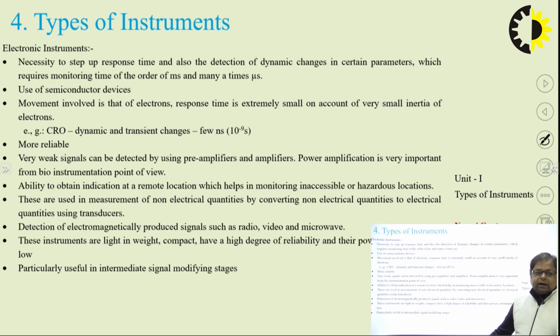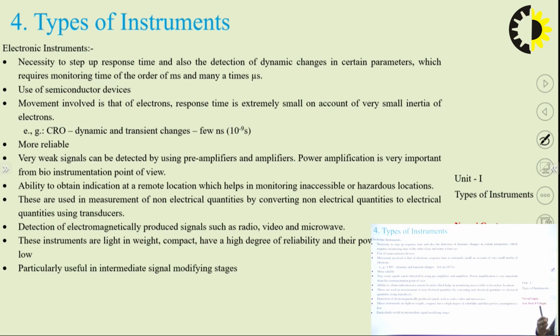These are more reliable. A very weak signal can be detected by using pre-amplifiers and amplifiers. The smallest of signals can be amplified further with the help of semiconductor chips. Power amplification is very important when we talk about bioinstrumentation signals.